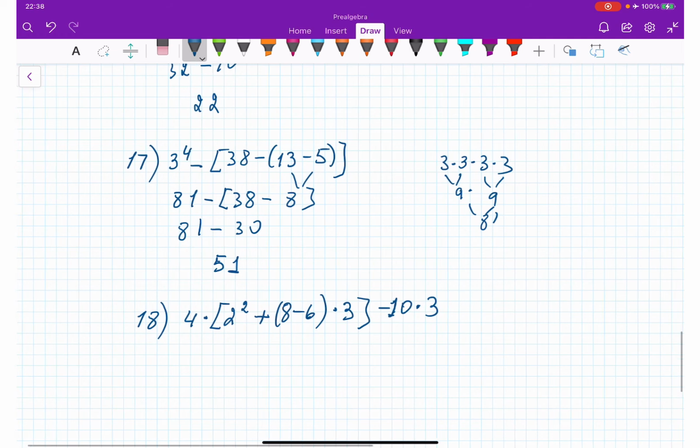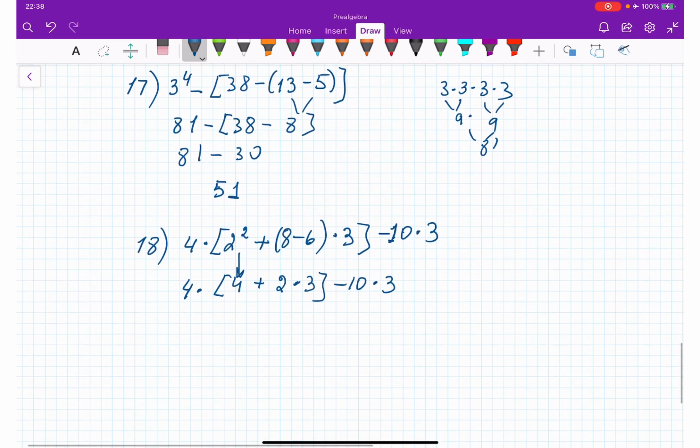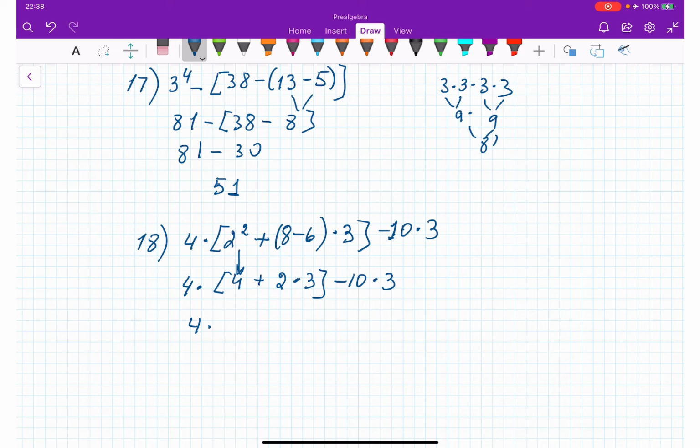Okay, so we get 4 times 2 squared is going to be 4, plus 8 minus 6 is 2 times 3 minus 10 times 3. Next, 4 times 4 plus 2 times 3 is 6 minus 10 times 3.